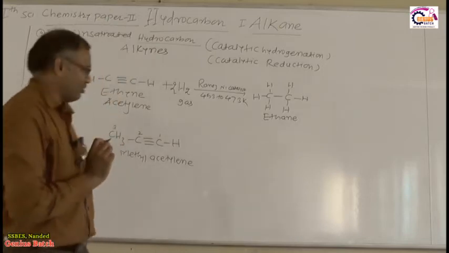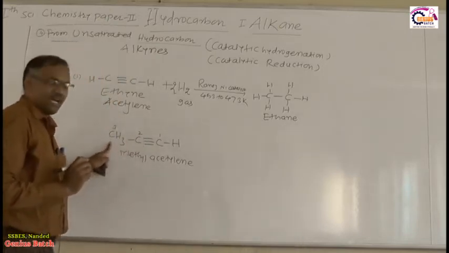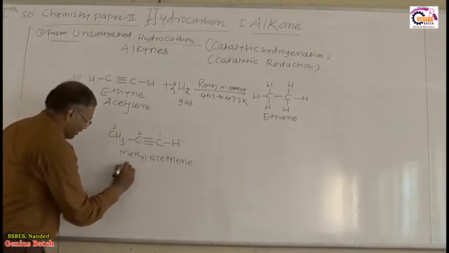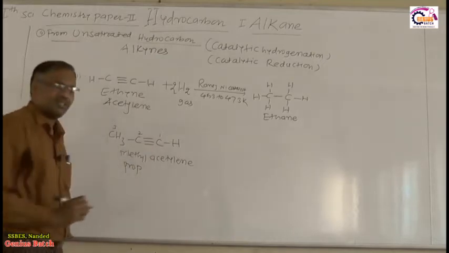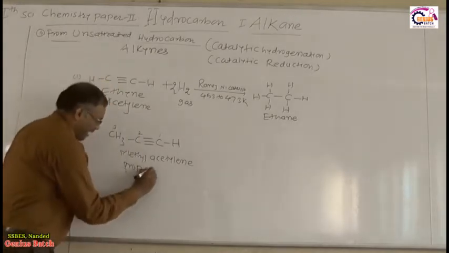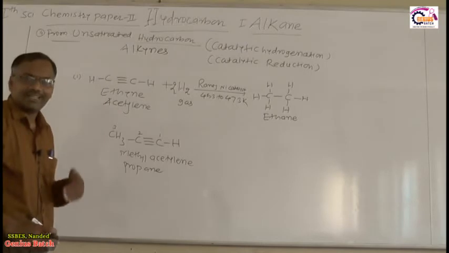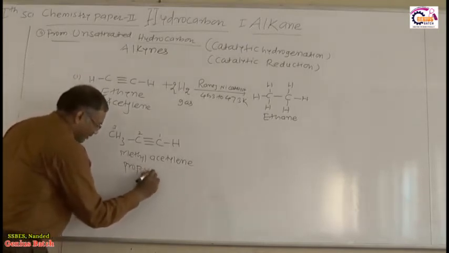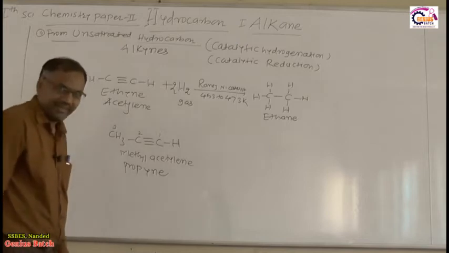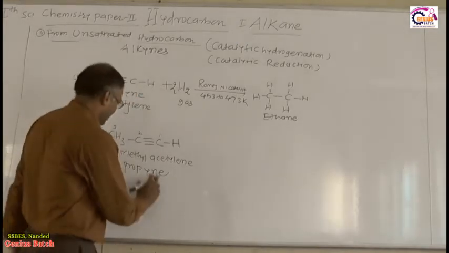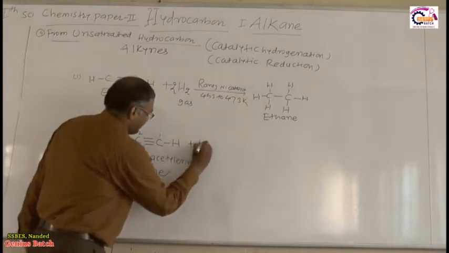So how many carbons are there? 3. If 3 carbon atoms are there, the alkane is propane. This is the carbon-carbon triple bond, so ANE is replaced by YNE. Therefore, this is propyne. So the IUPAC name is propyne, and this is methyl acetylene.